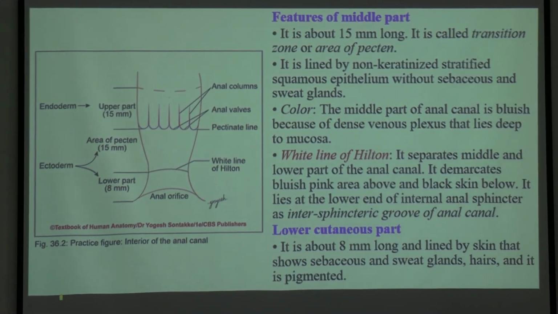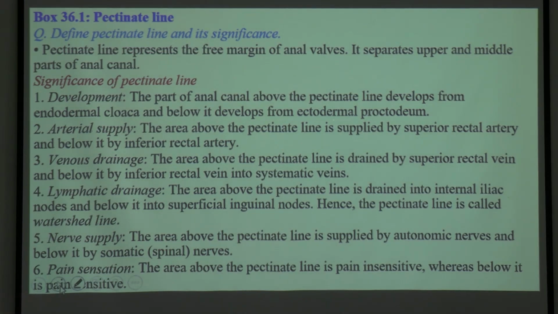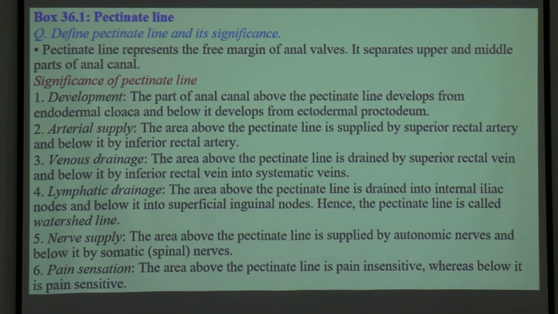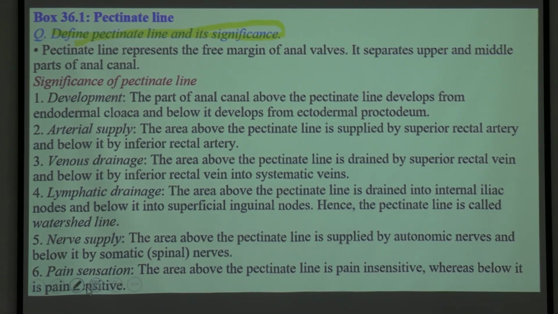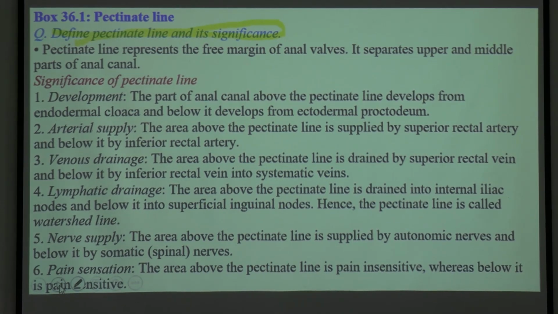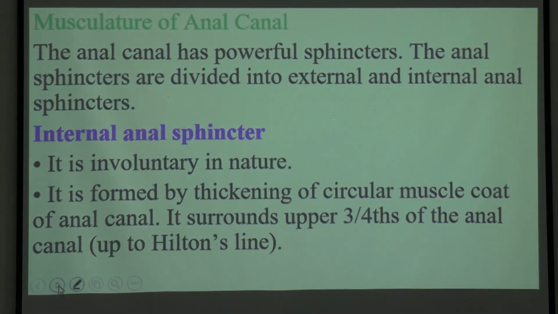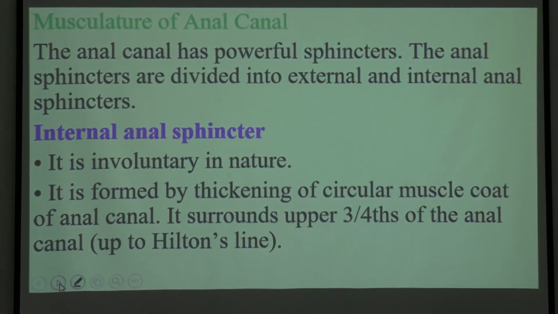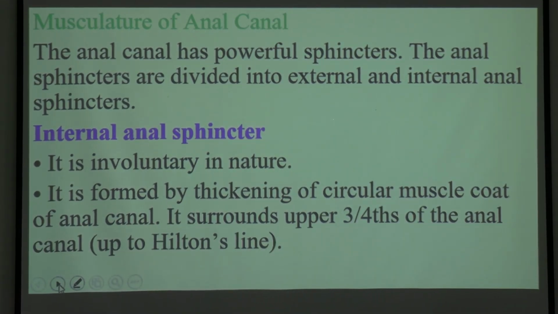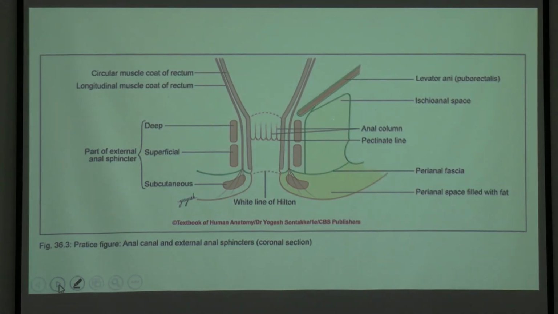So anal fissure, anal fistula, and then piles or hemorrhoids. They are called hemorrhoids. Primary piles are seen at 3 o'clock, 7 o'clock and 11 o'clock, and secondary when found in other places.